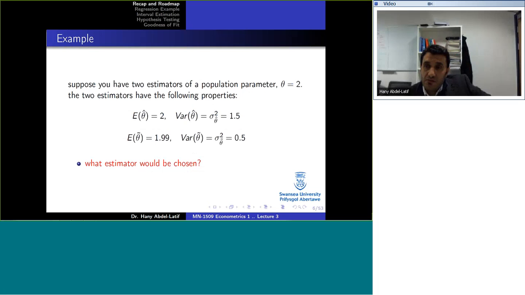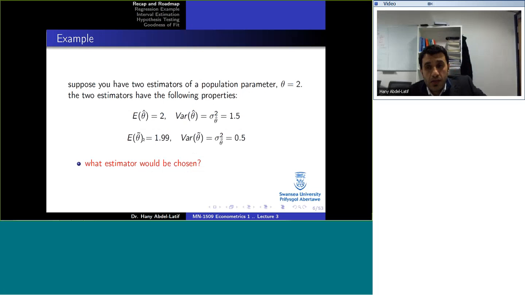We've got information about two estimators here. Let's say theta hat and theta tilde, and let's assume that we know the population parameter, which is 2. For the first one, theta hat, the expected value is 2, and the variance is 1.5.